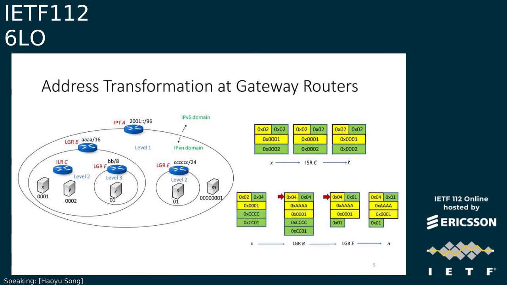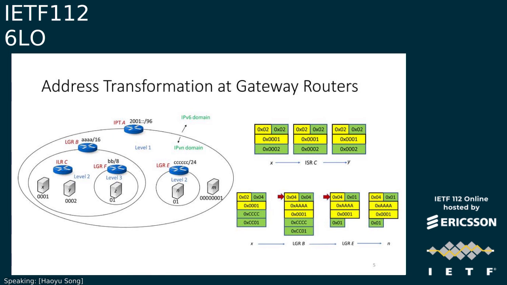You can see first it will go through the LGR-B, level gateway router B. Level gateway router B will keep its own network prefix, which is 16 bits long.